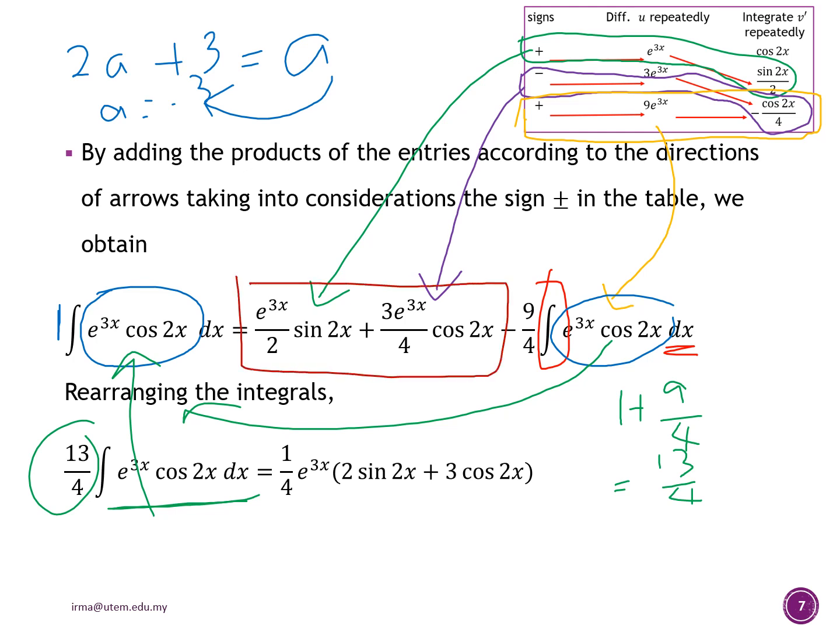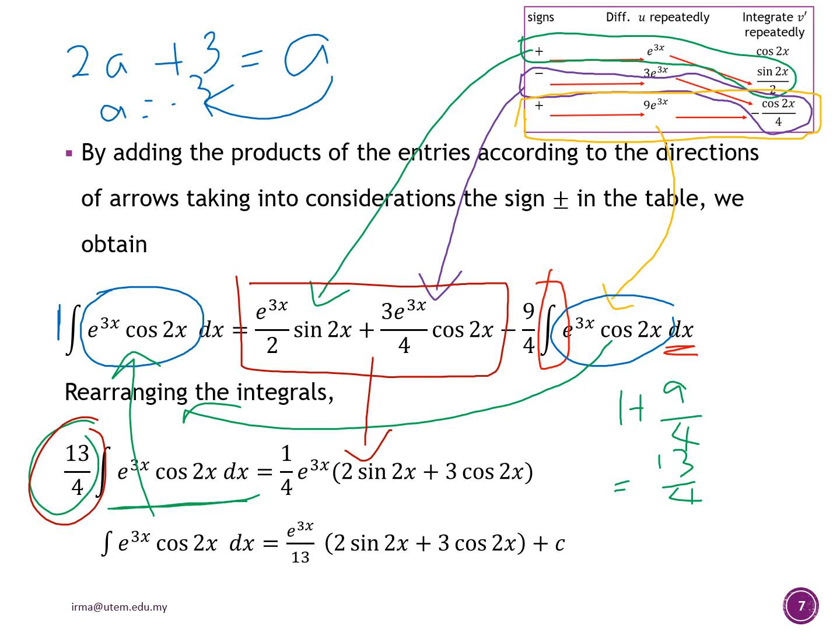These two, without the integral, you just maintain, and you can simplify it and bring exponent 3x in front. At first, the question was to integrate exponent 3x cos 2x, so what happened to this 13 over 4? You just bring it back to the right hand side. So this will be the final answer.